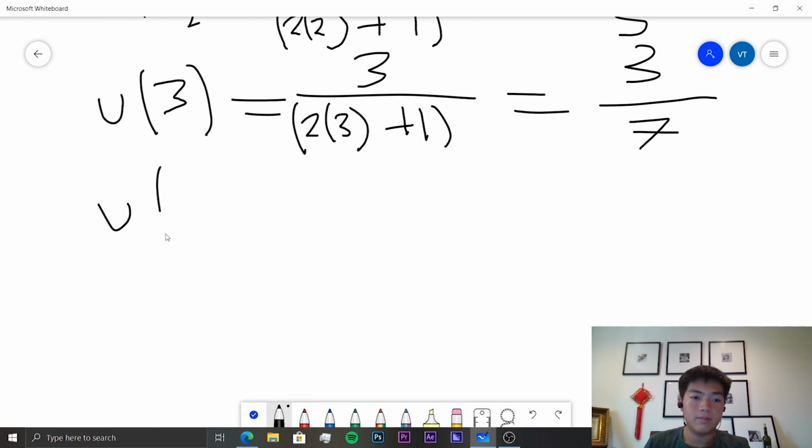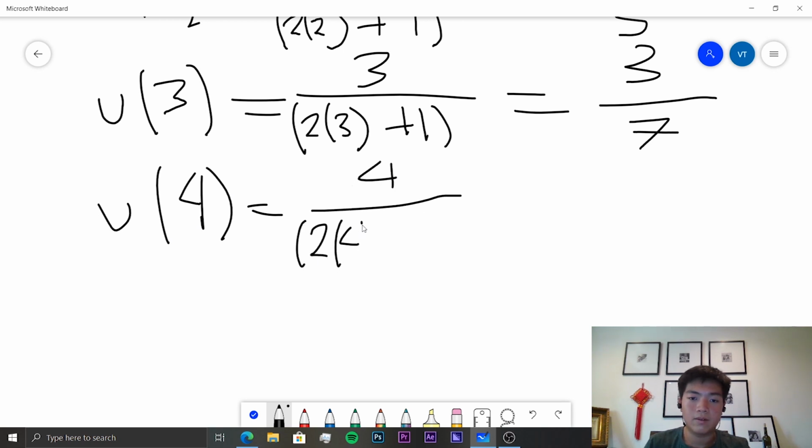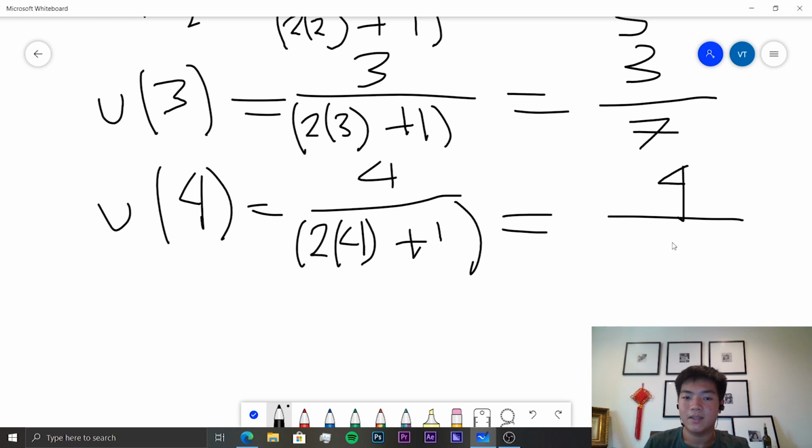Our fourth term is equal to 4 divided by 2 times 4 plus 1, which is equal to 4 over 9, and I hope you can start to see the pattern.